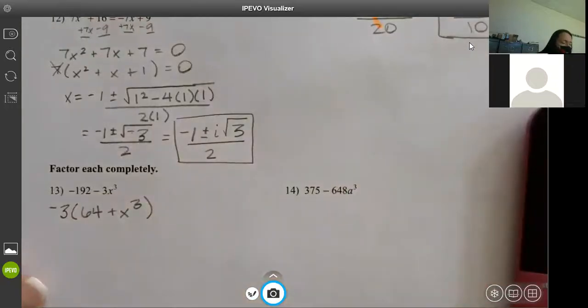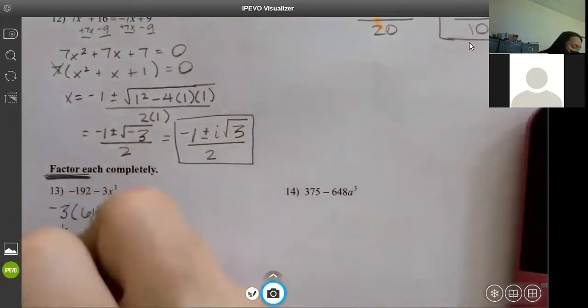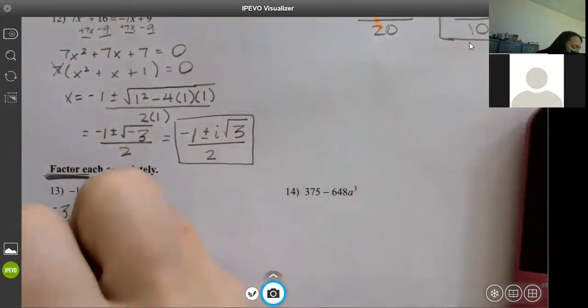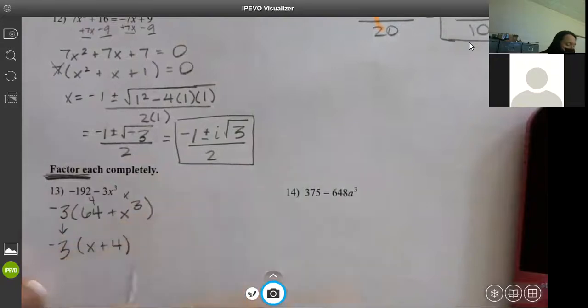All right. We're just going to keep bringing that negative 3 down, and we're just factoring. So remember, we take the cube root. The cube root of 64 is 4. The cube root of x cubed is x. So our formula says just write what you see: x plus 4.